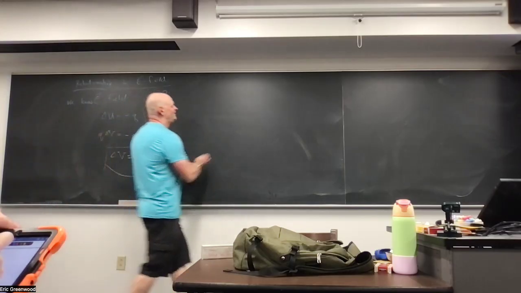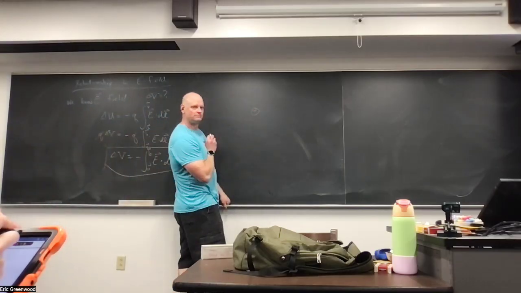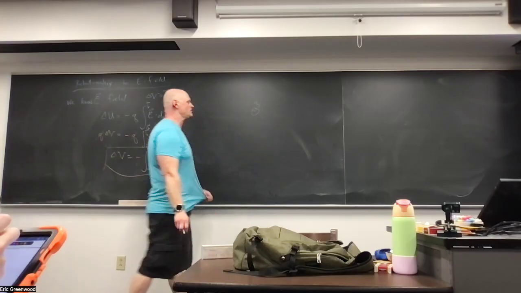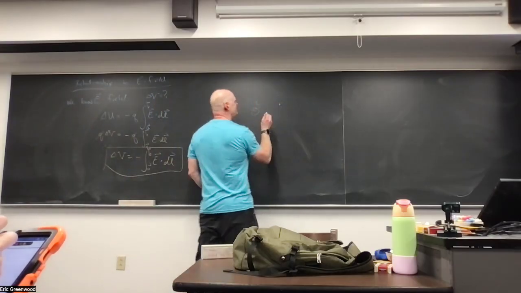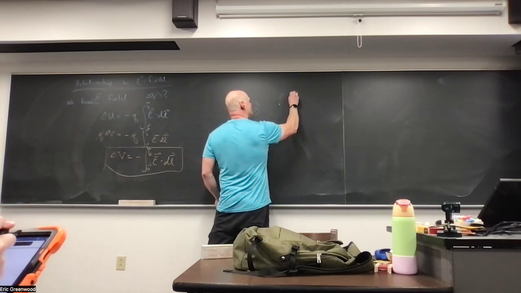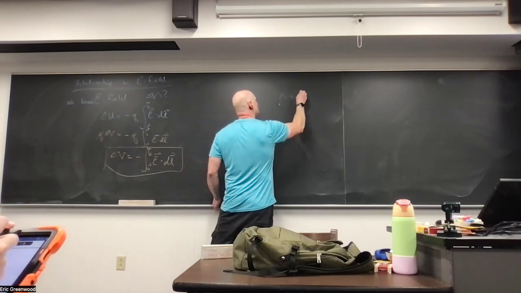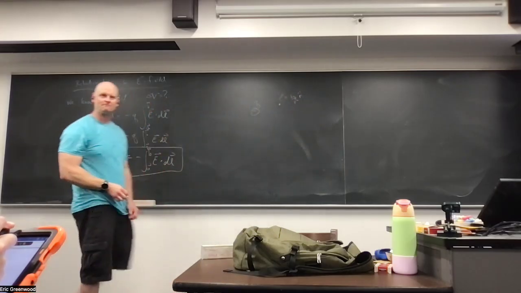So for example, let's say I have a point charge, and my point charge has a total charge of Q. Then I know the electric field at any point here is given by KQ over R squared in the R hat direction. Right?